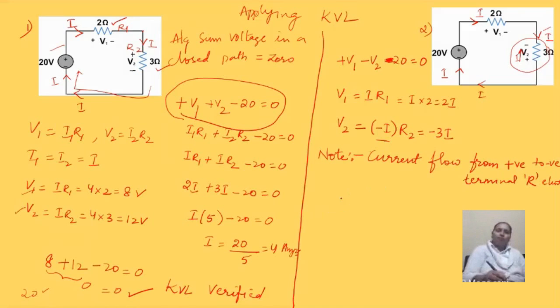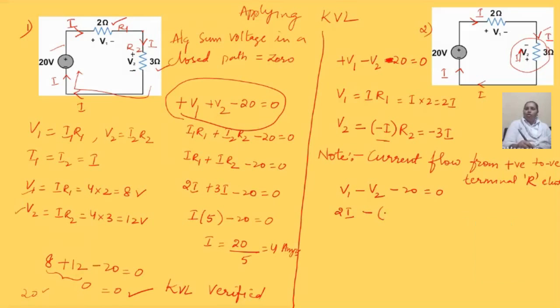So let us substitute that here and find out the value of current and then the values of voltages. V1 minus V2 minus 20 equal to 0. Now V1 is 2I, minus of minus 3I, minus 20 equal to 0. That is 2I plus 3I minus 20 equal to 0.